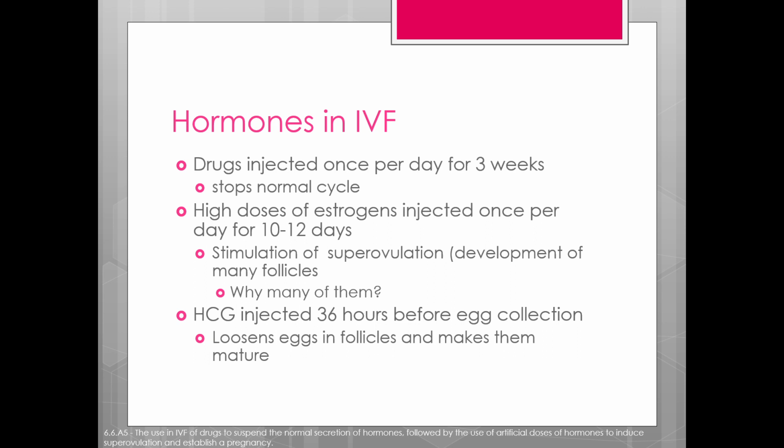Due to these hormones, no longer any follicle is developing in the ovary, right? Then the next step is giving very high doses of estrogens, which provokes so-called superovulation, development of many follicles at the same time. So the ovaries are bursting with oocytes, which, as you maybe remember, are really huge.